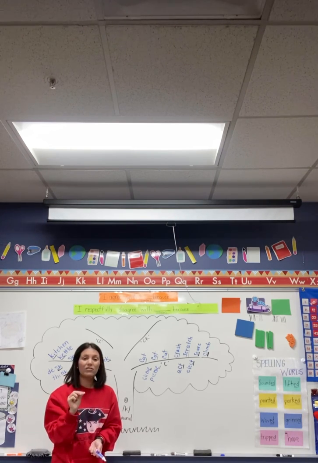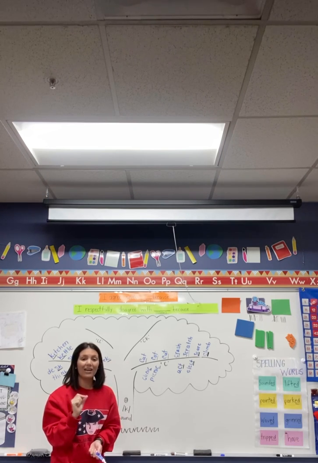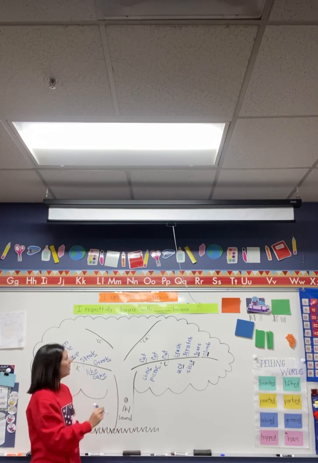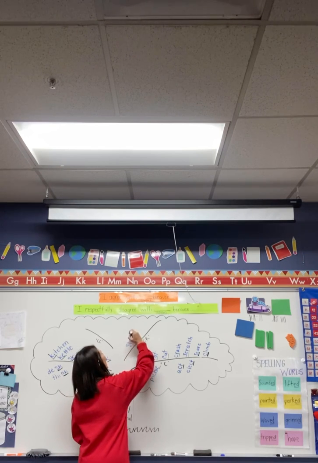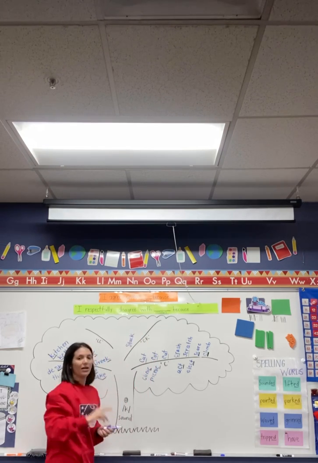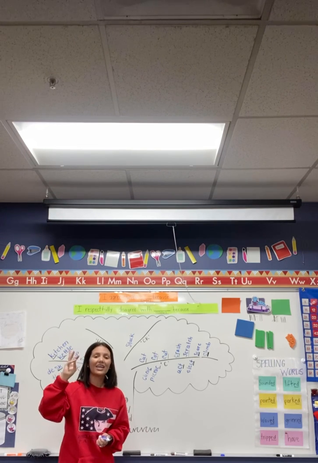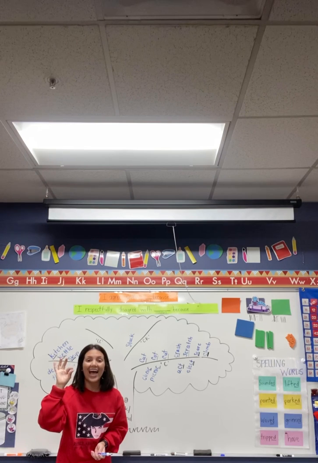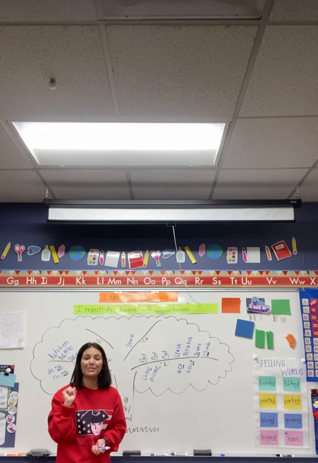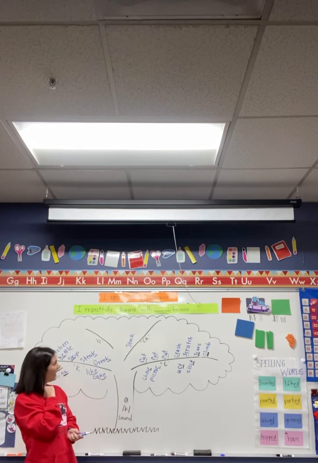So it is often used, the CK, after a short vowel. For example, stack, stack. You heard the K after the short vowel A. So it is going to be the spelling CK.